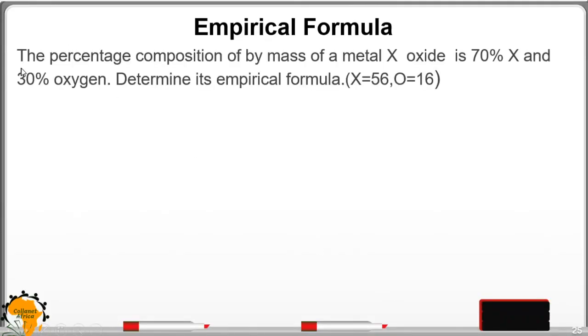Another example to make this concept clear on percentage composition is that a metal X oxide has 70% X and 30% oxygen. Determine the empirical formula. Note, 70% plus 30 makes 100. That is one thing that you should note when you are dealing with percentage composition.